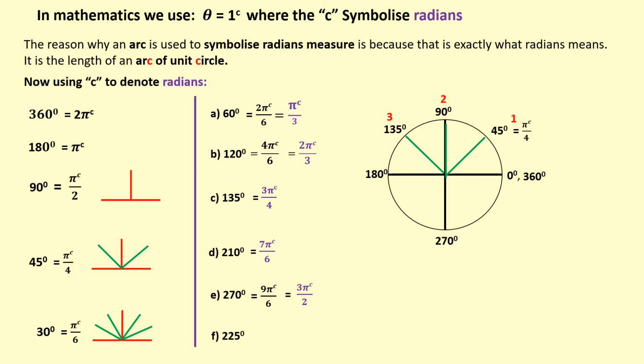Now, of course, you could have used 45. That will give us 6 pi radians over 4, but 6 pi radians over 4 will cancel down again to 3 pi radians over 2. And the easiest one to have used, if you look at 90 degrees, is that 90 is going to go 3 times. And we can see that 90 degrees is pi radians over 2.